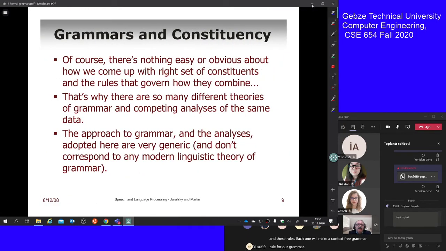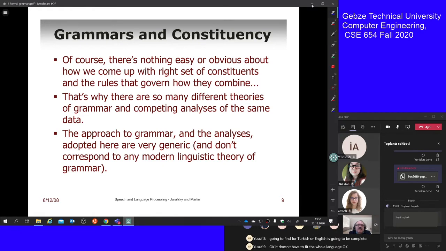As I said before, natural languages are, as the name implies, natural. They are not designed by humans. So when we say that we are going to come up with the grammar for Turkish or English, that doesn't mean that it's going to be easy. And that doesn't mean that the grammar that we are going to find for Turkish or English is going to be complete. Okay, it doesn't have to fit the whole language.